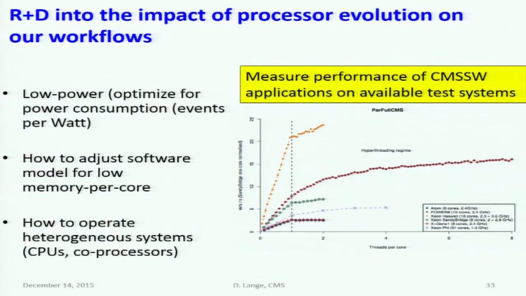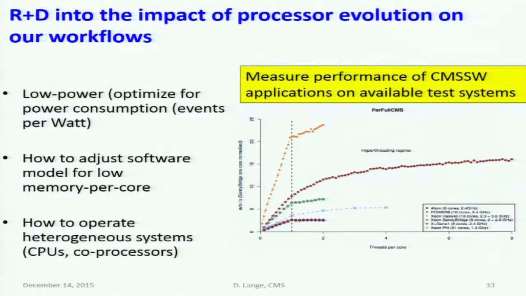So I talked a bit about low power. The other place we're starting to look at is GPUs, graphics processors, and coprocessors like the Intel mixed systems. This is probably too small to read, but through CERN we have a lot of experimental clusters where we're able to run CMSSW using the framework I talked about. These are just some toy examples showing that we're looking at things like throughput per chip or throughput per power consumption, the number of events we get per watt.